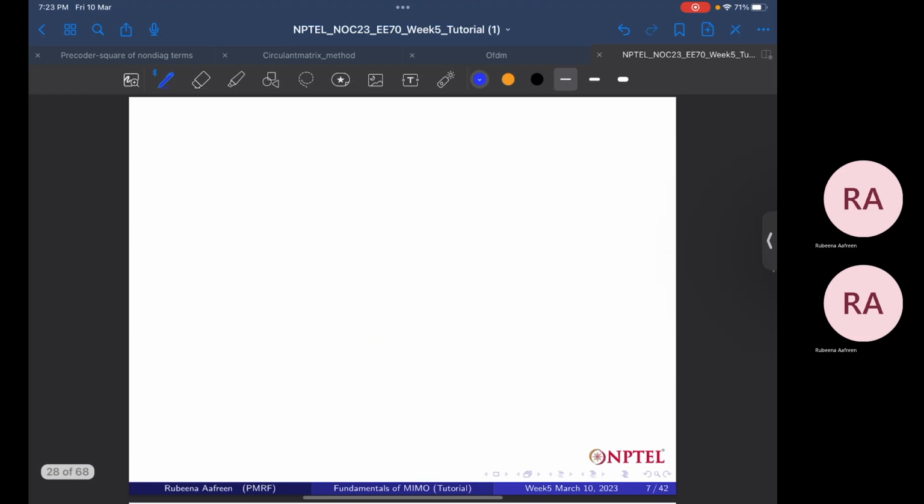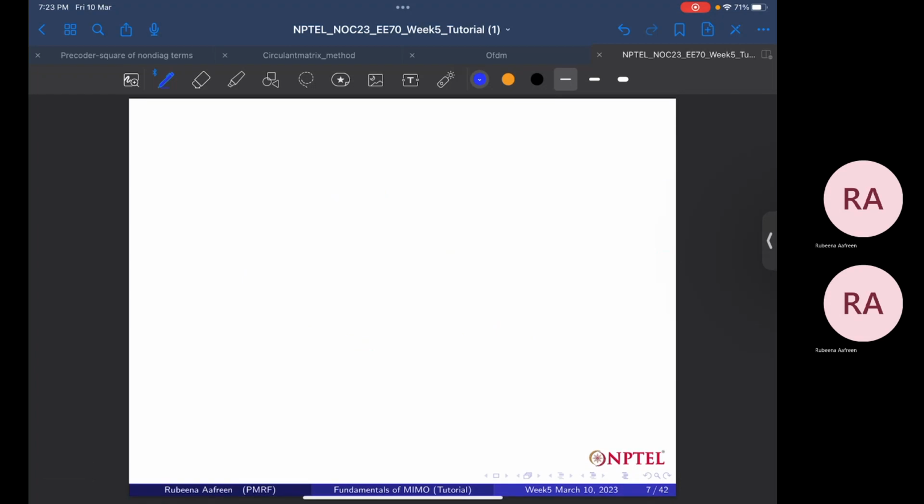Now all the calculations are there which I am skipping. So post processing SNR, I'll just skip to post processing SNR for MRC.